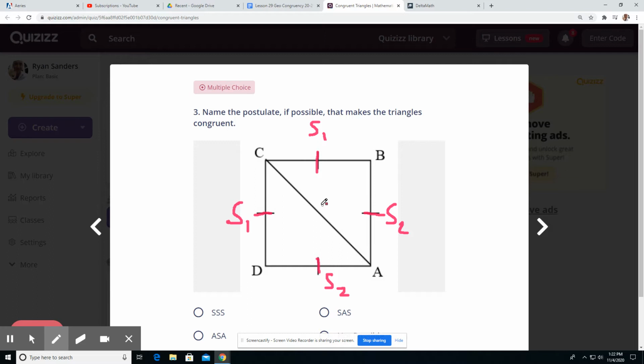And then they share this side right here, so it's the same for both of them. Sometimes I'll give it a different set of tick marks. That's 2 tick marks. So we got side 3 for this one, which matches side 3 for this one. So by side, side, side, this CBA triangle is the same as CDA triangle.